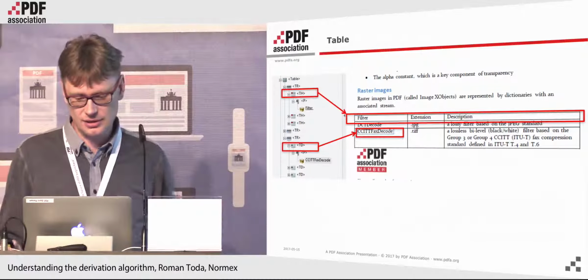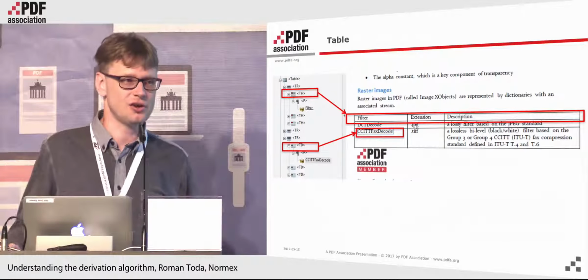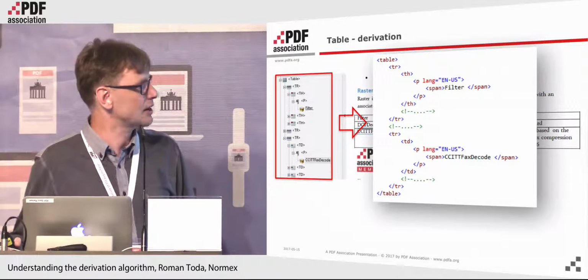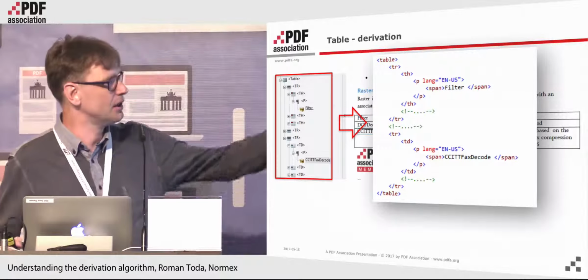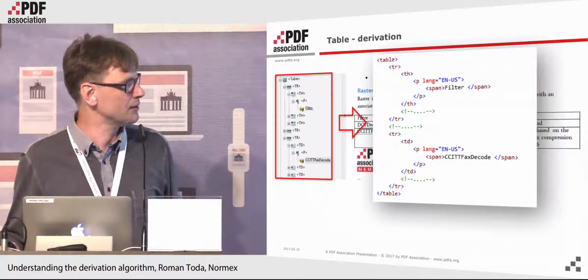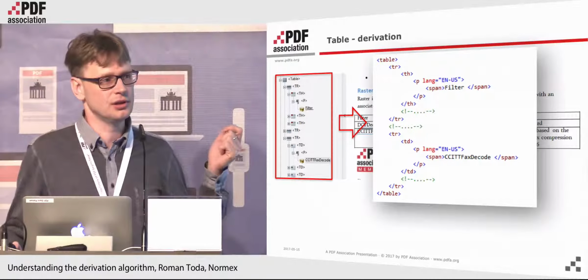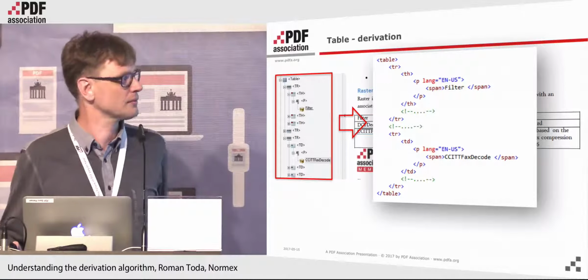That's all good. If we run this through an obvious derivation, it will look something like this, right? So the table would be derived from PDF into HTML into something like this. We have a direct connection between tags in PDF and HTML in this case.